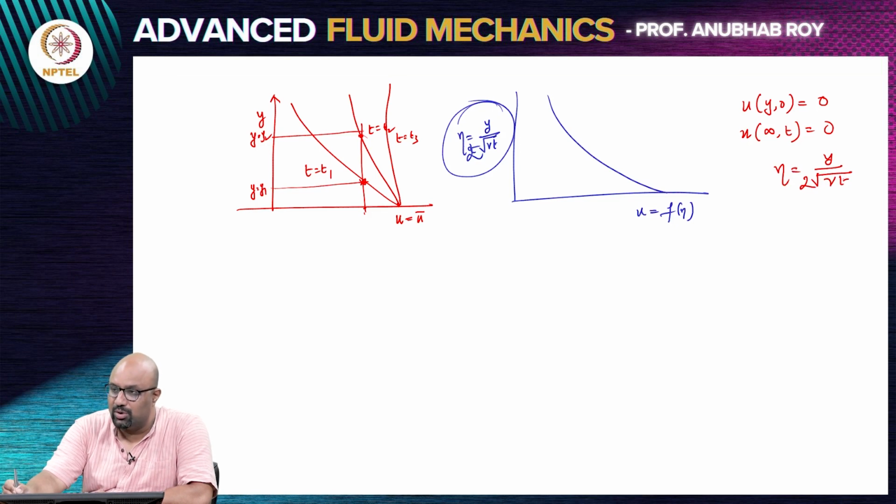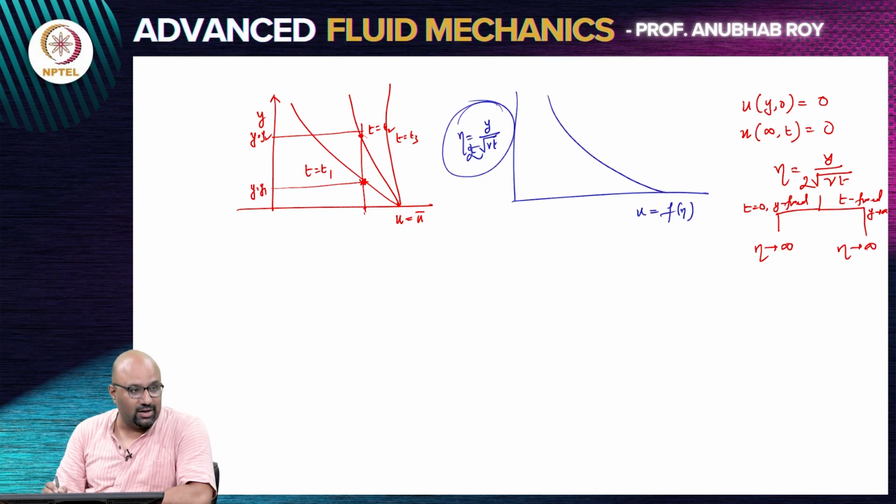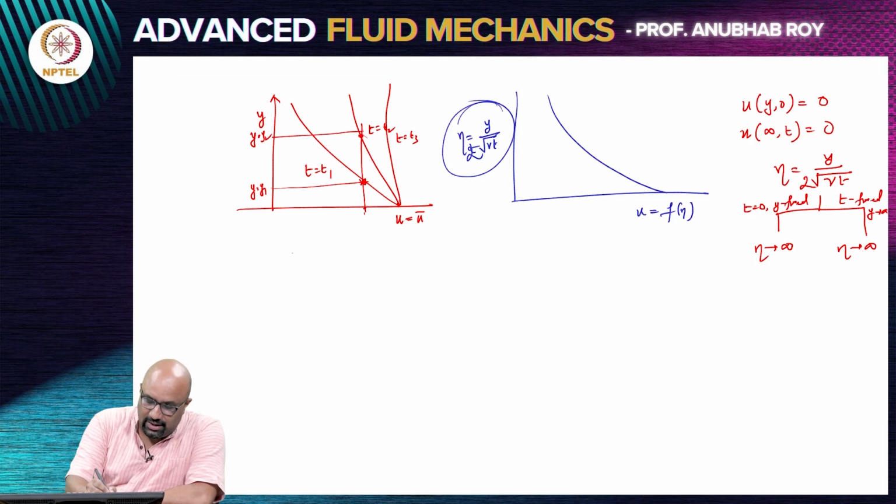So, if you choose t equal to 0 for a fixed value of y, what do you get? That gives you eta going to infinity. Similarly, if you were to fix time and push y to infinity, your eta also goes to infinity, which means both your boundary conditions have become one single boundary condition. So, your boundary condition is now f at infinity is equal to 0.